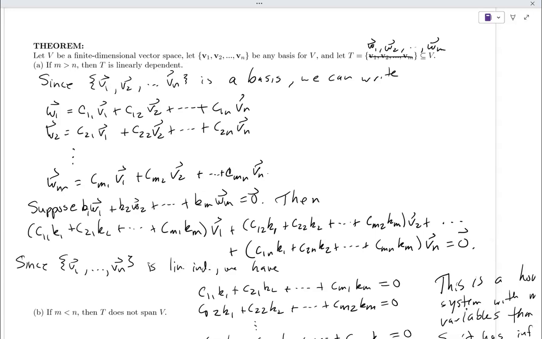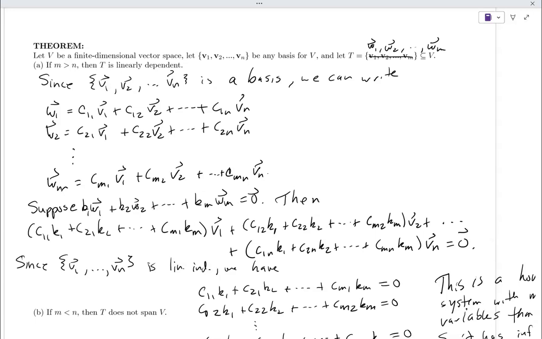We did here, remember, we wrote each of the vectors as a linear combination of these because we know that it was a basis, and then worked to get a contradiction of the fact that those vectors had to be linearly independent, because we created a homogeneous system that had more unknowns than equations.